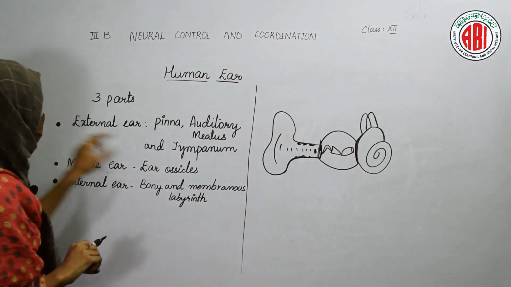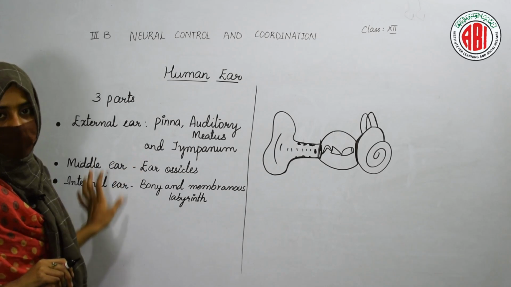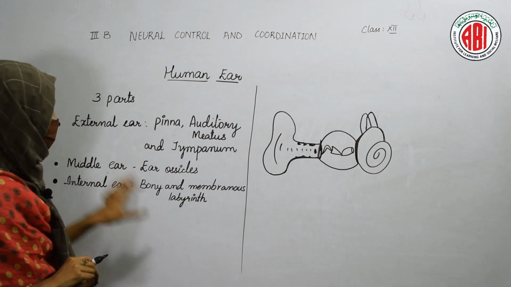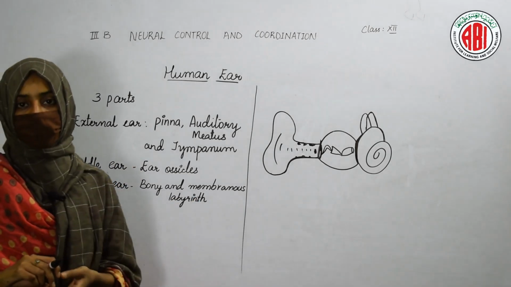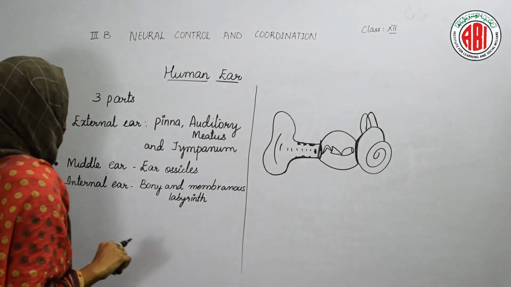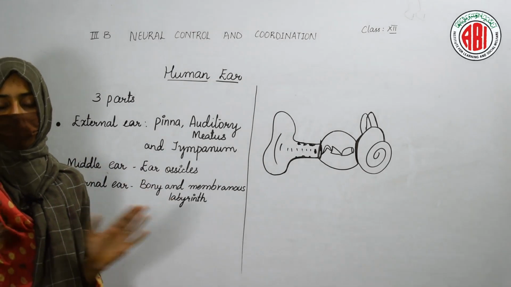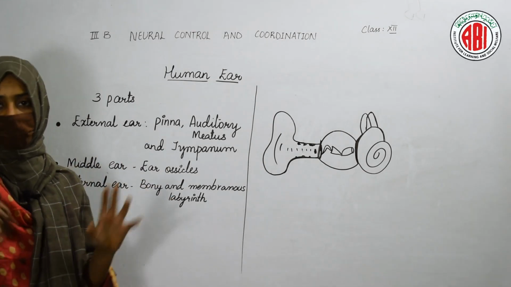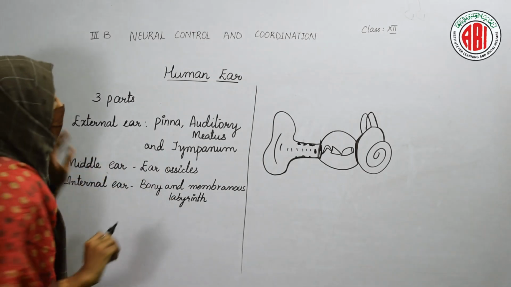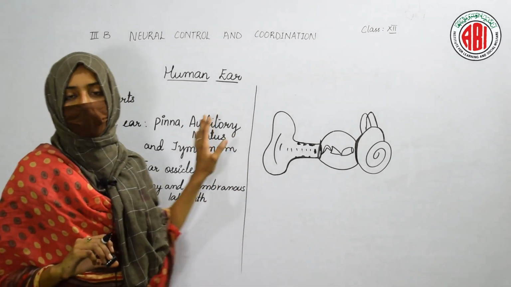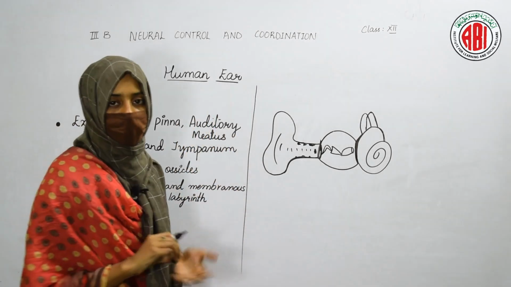Middle ear shows the presence of ear ossicles in it, and internal ear shows the presence of bony and membranous labyrinth. These 3 parts form the whole structure of the human ear. Let us see the diagram to understand all these 3 parts of a human ear.